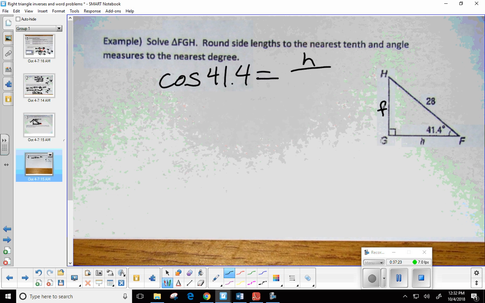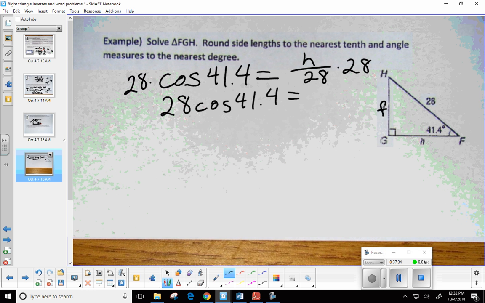So H over 28, multiply it out like normal. So it's 28 cosine 41.4 equals H. What does H equal? So 21.0.